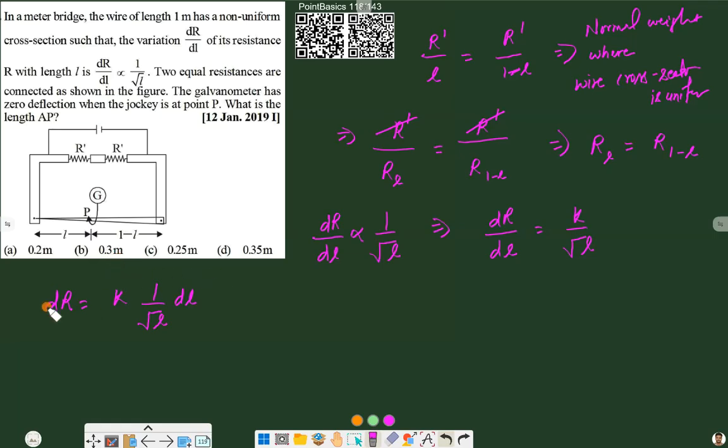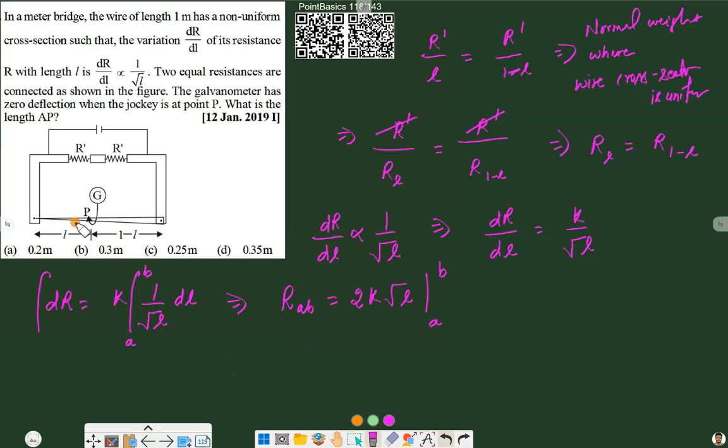So integrate between limits a to b. Here we are integrating between a to b, meaning we are taking resistance from starting point A to ending point B. So resistance from A to B will be equal to the integral of this, which will give us 2k into root L with limits A to B. Now first we will find resistance for L and then for the remaining part.